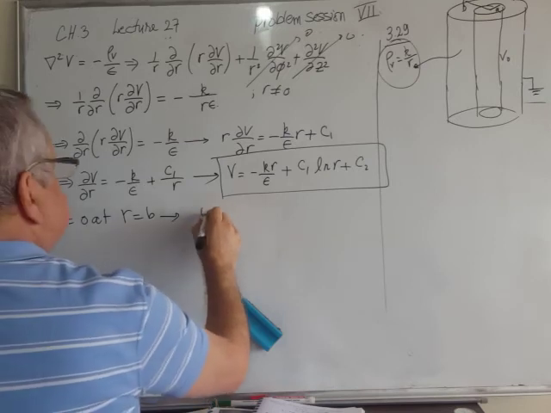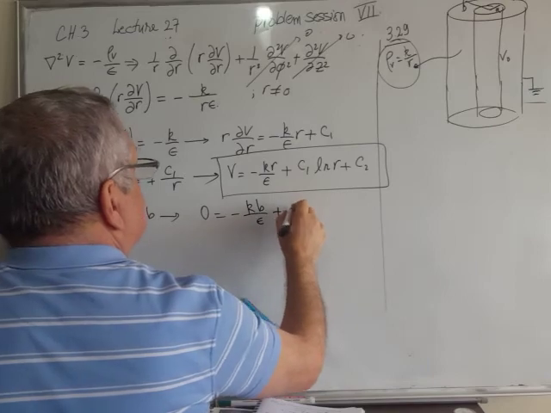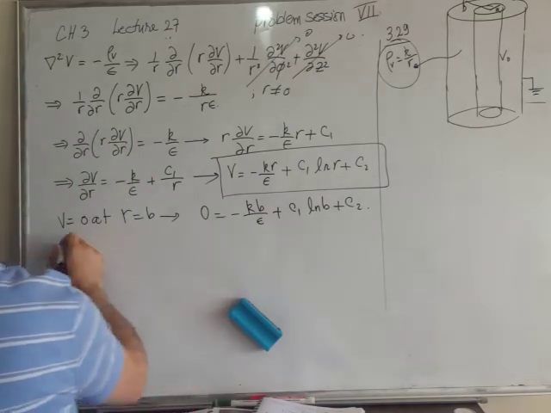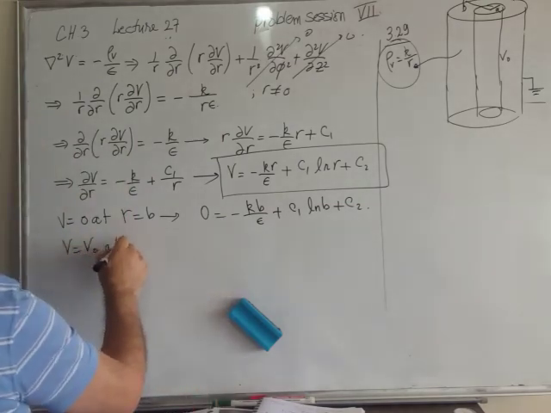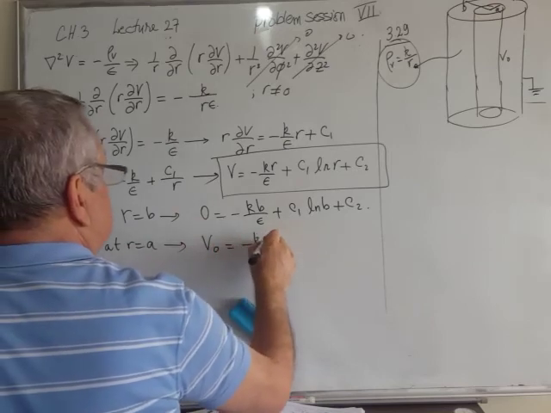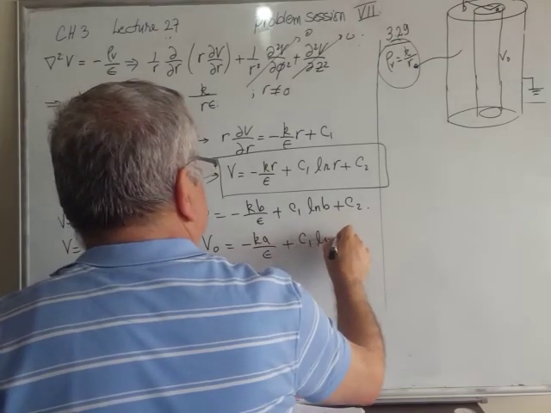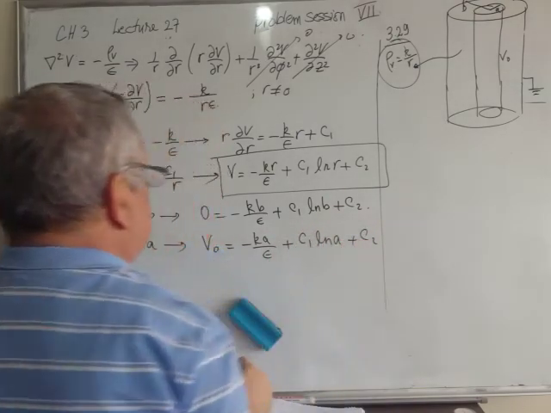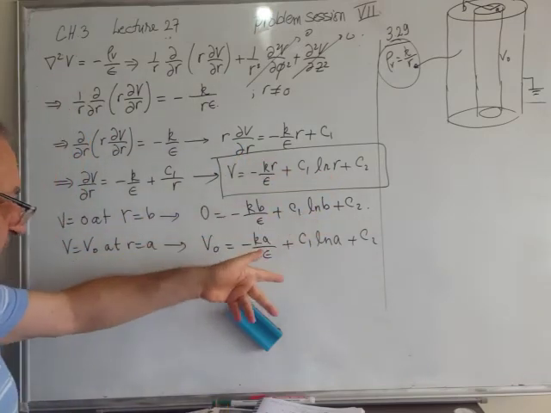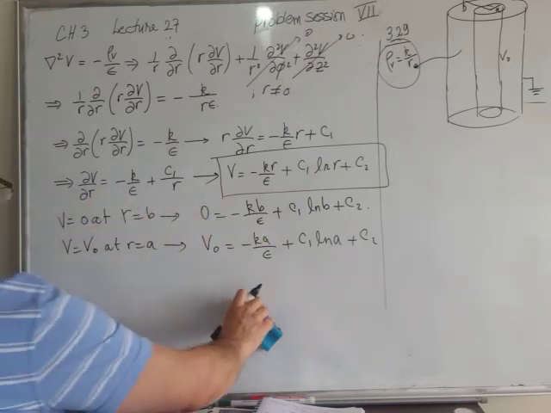So this means that 0 equals minus kb over epsilon plus c1 ln b plus c2. v equal to v0 at r equal a means that v0 equals minus ka over epsilon plus c1 ln a plus c2. You can subtract now, you will remove the c2, obtain c1, and then substitute in one of them to find c2. Two equations, two unknowns.